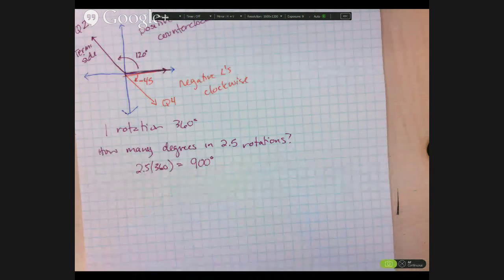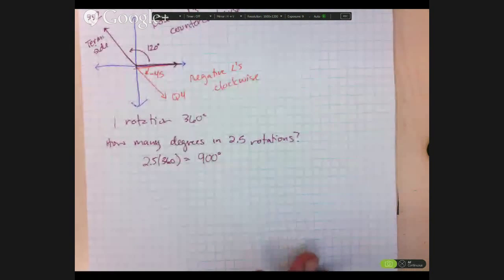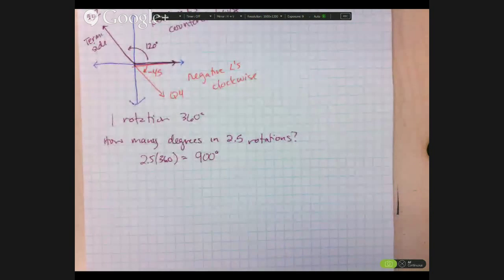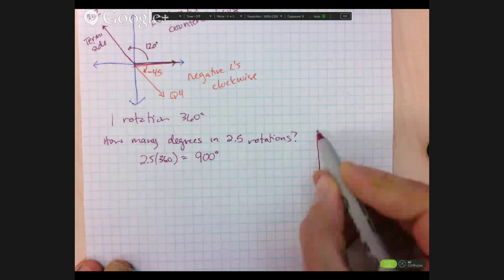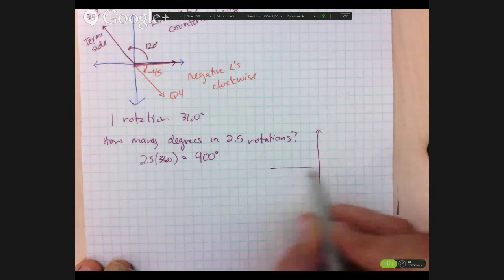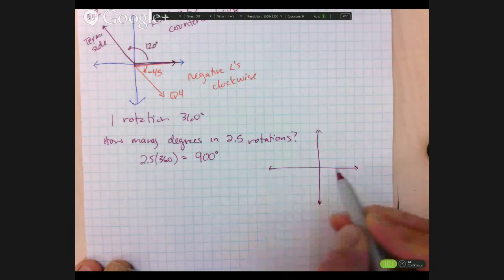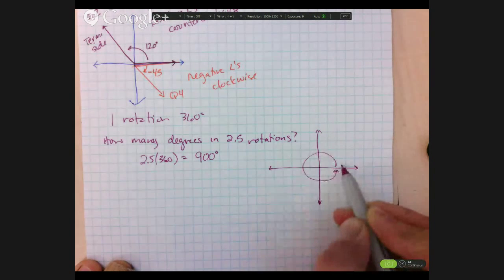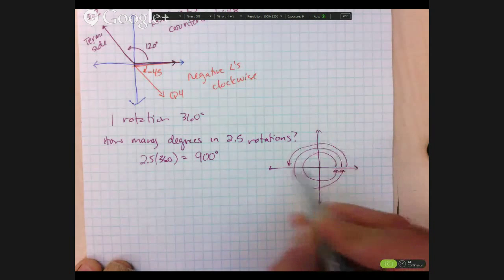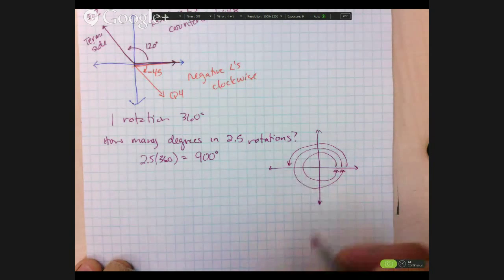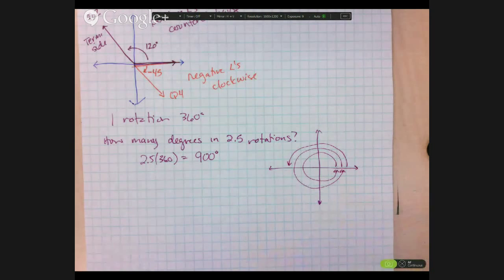Right? So you go around 2.5 times. Where do you end up in the coordinate plane if you go around 2.5 times? 1, 2, and a half. Right there. That's 900 degrees.